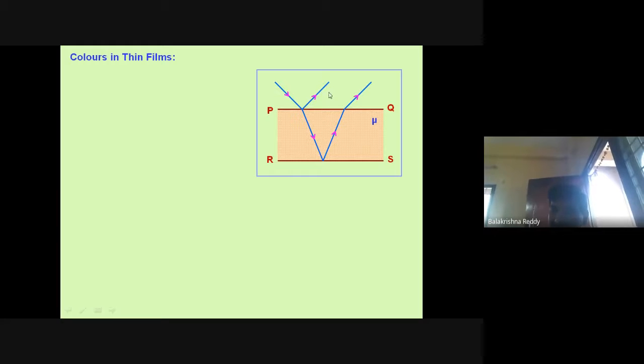Due to the change in the path, it will not interfere in the same way as before. It is interfering in a different way, and since the path difference is changing, the wavelength of light may also differ, since it is reflecting back and refracting.